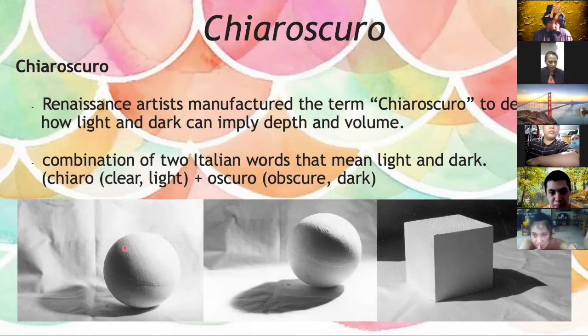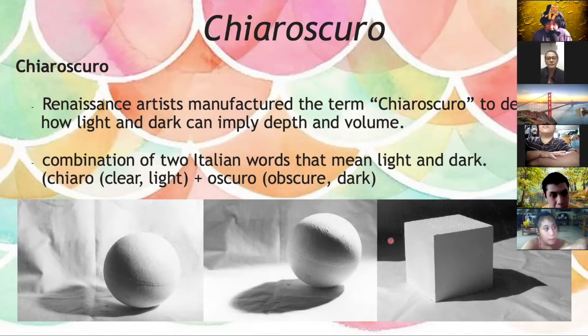The shadows and highlights will differ depending on your light source. I'll talk about that more in a while. So that's why in the middle circle, mas makikita ninyo clearer yung shadow niya, kasi iba yung angle ng shadow niya kasi nag-iba yung angle ng source of light niya.